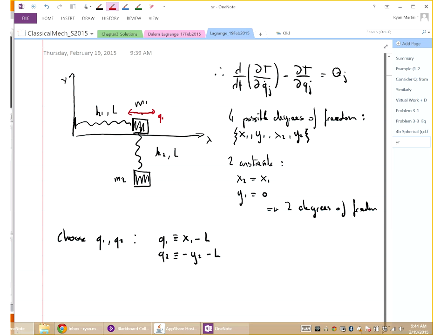So if I were to draw q1 up here, this would be the q1 axis with positive to the right and negative to the left. And then q2 is the same thing. It's the net displacement of the second spring. And then just to make it interesting, I chose q2 to be positive downwards and negative upwards. Right? That's why you have a minus y2 in there. Okay, so those are the coordinates that I chose to be my generalized coordinates.